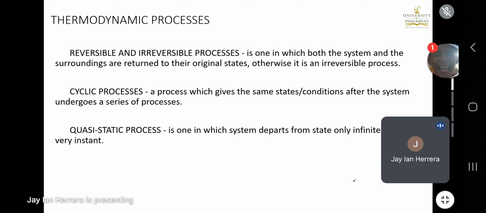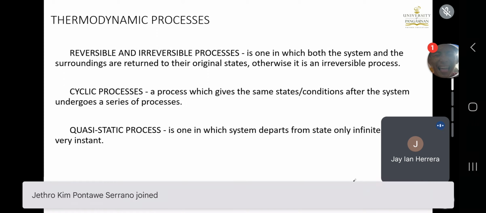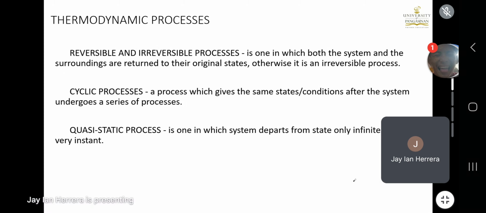This is a summary of what is in the module. A reversible process is one in which both the system and the surroundings are returned to their original state. Otherwise, it is an irreversible process. If you cannot return the system or surroundings to their original state, that is irreversible. In reversible, it can go to a state and come back. That is reversible.